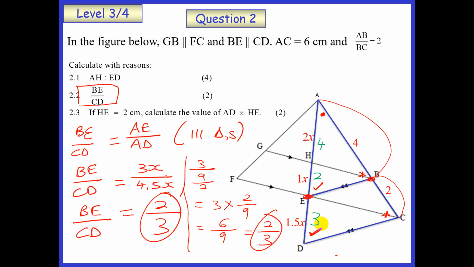And then we can find out what is AD. Your total length of AD would give you now 4.5 multiplied by HE, and HE from the diagram is 2. That will give us a total of 9.